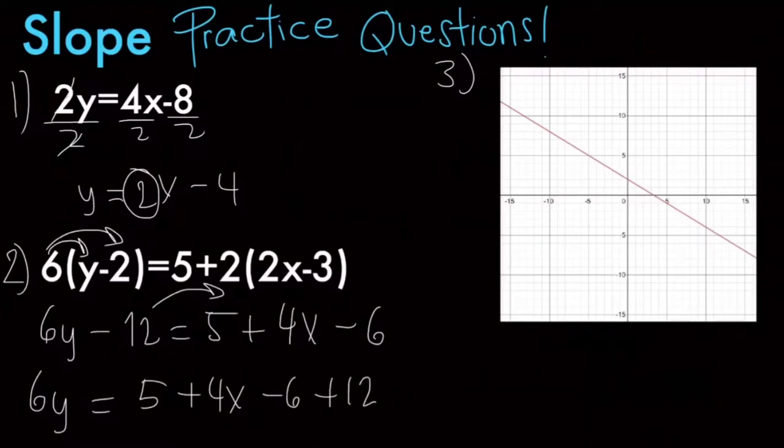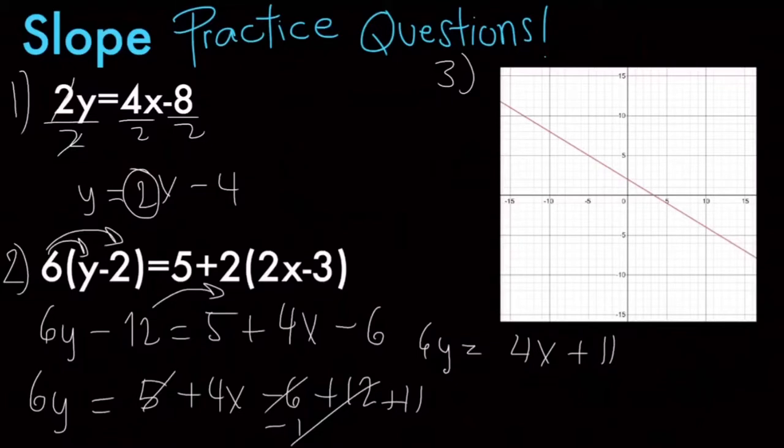Now to simplify, we will take 6y equal to 5 minus 6, that's minus 1. Minus 1 plus 12, that will be equal to 11. So we will say 6y equals 4x plus 11.